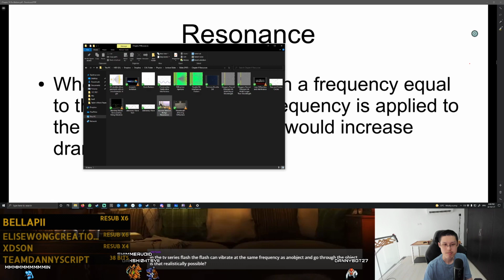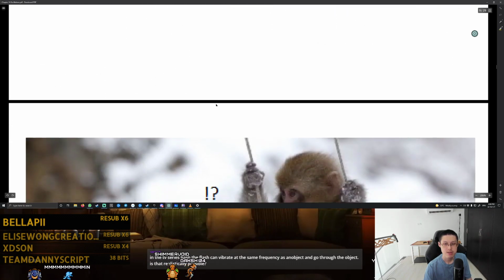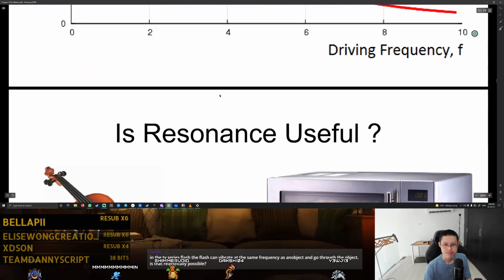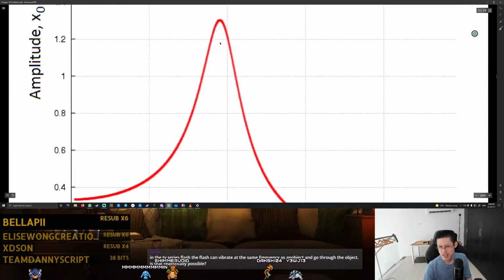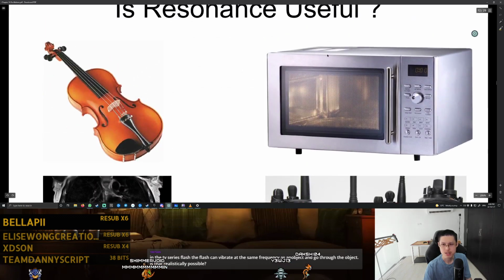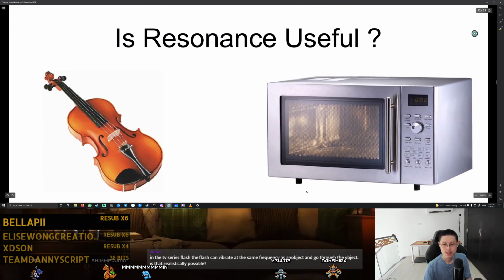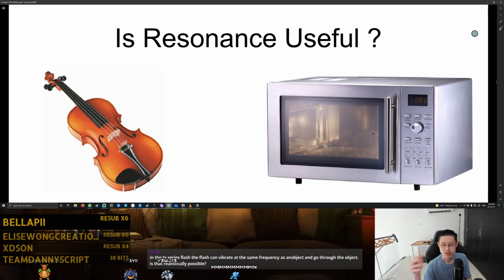Anyway, as you can see, resonance can be a very devastating phenomenon. In fact, usually we don't want resonance, but sometimes resonance can also be useful because microwaves use resonance to heat up water molecules in food, right? The microwave has the same natural frequency as water molecules.